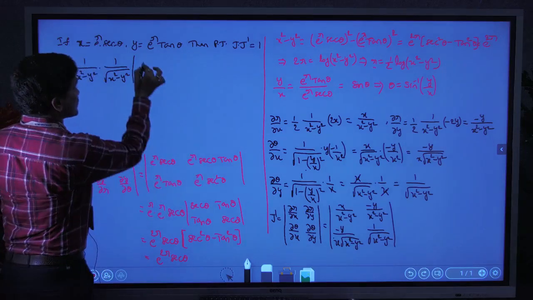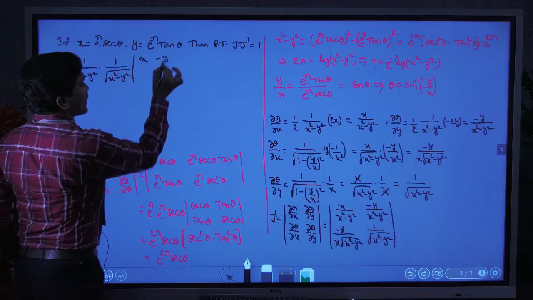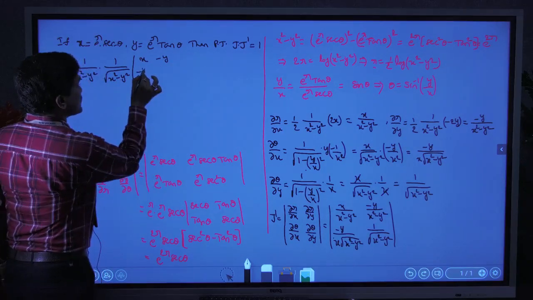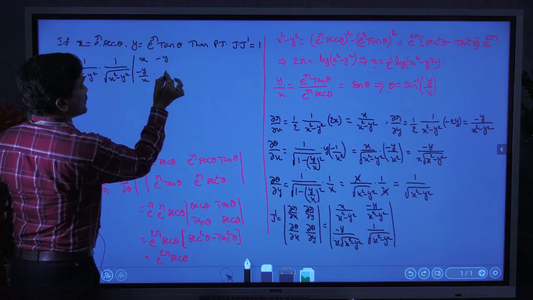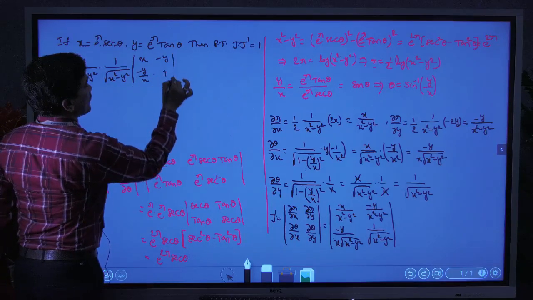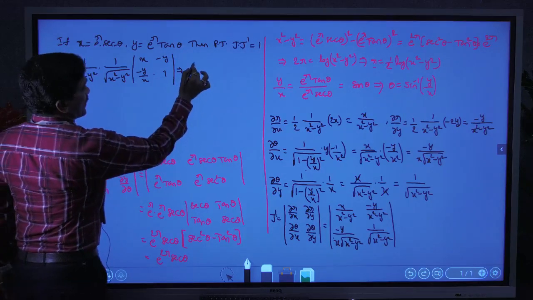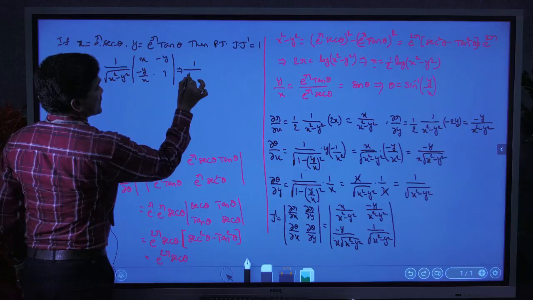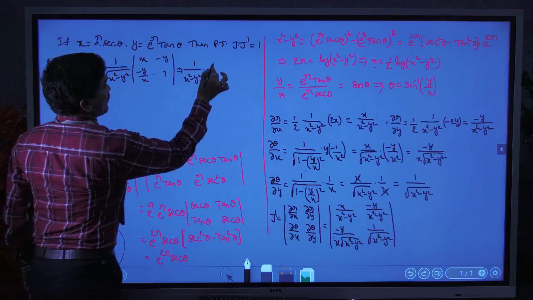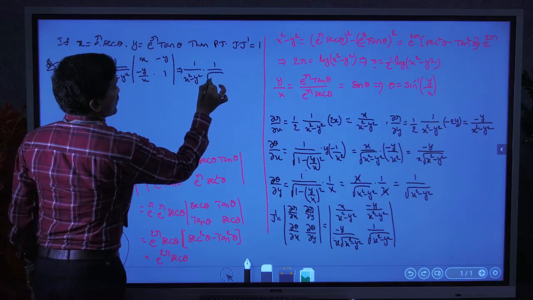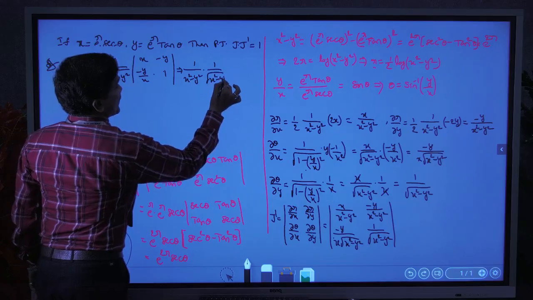What are the remaining terms? Here x, minus y, then minus y by x, and here 1.